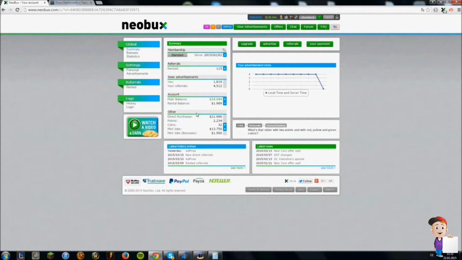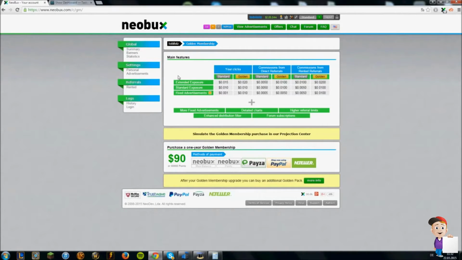Now I will come to another important point, which is the golden membership. The golden membership is a feature you can purchase for $90 a year. The golden membership is really worth it. As I said before, the golden membership will double your profit. But how?